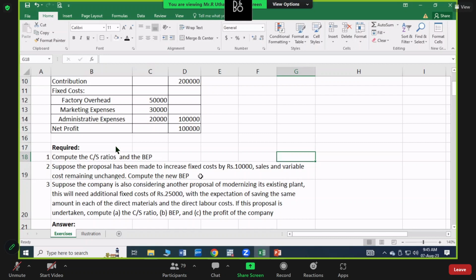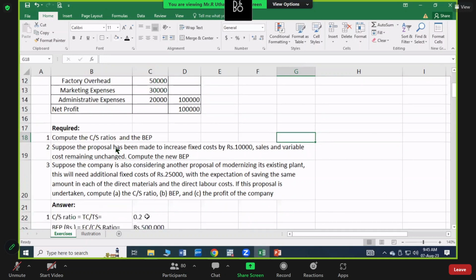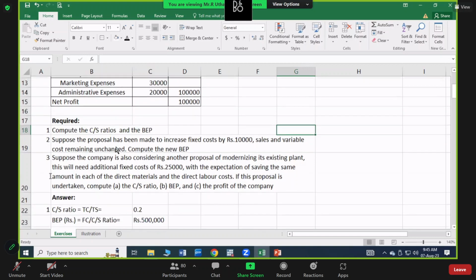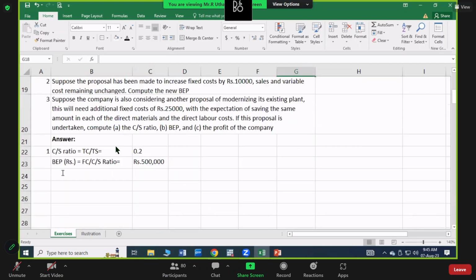Compute the new BEP. Again, you must apply the fixed cost over the CS ratio.